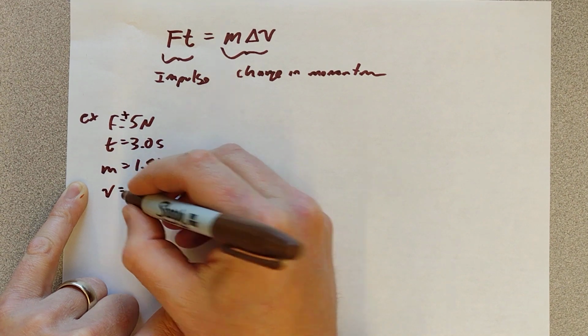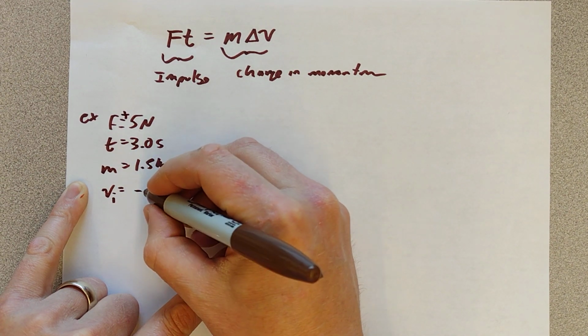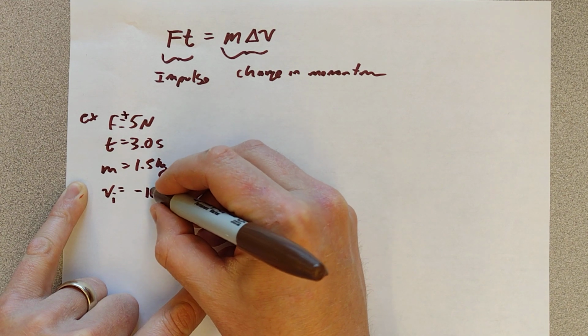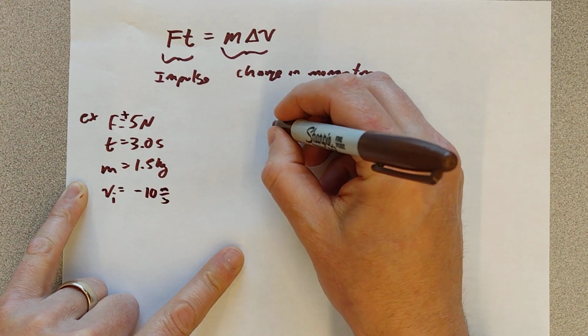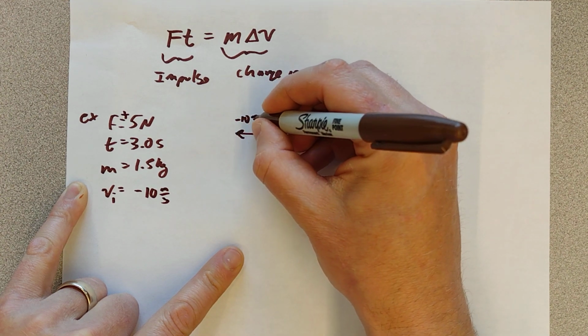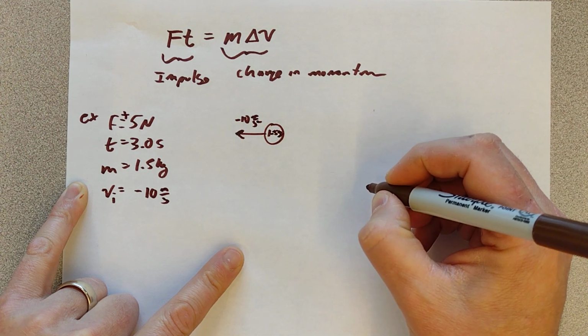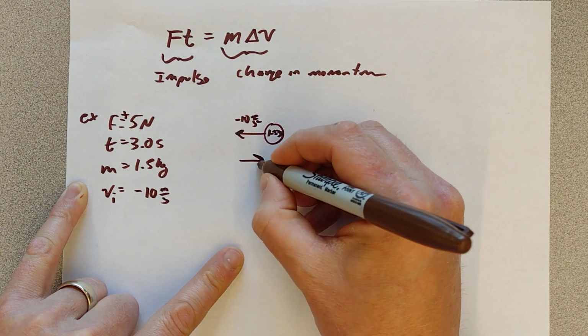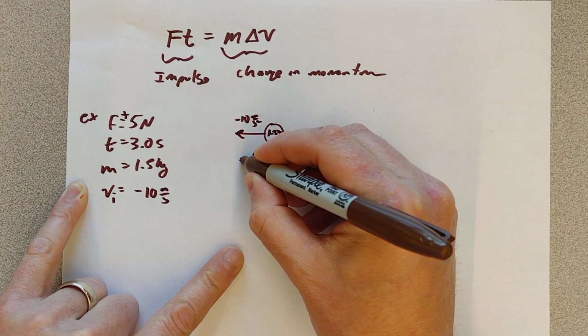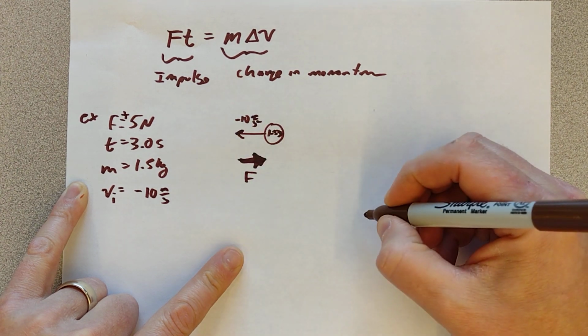Let's say the initial velocity is, I don't know, negative 10 meters per second. So we have the object moving to the left, negative 10 meters per second. It's got a mass of 1.5 kilograms. The force acting on it is going to be that way, so I'll draw the force vector a little bit different. The force will be that way for 3 seconds.